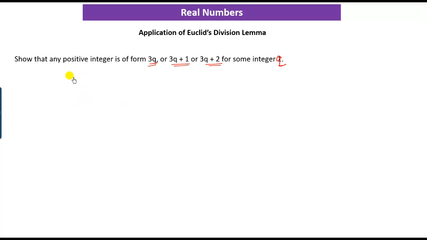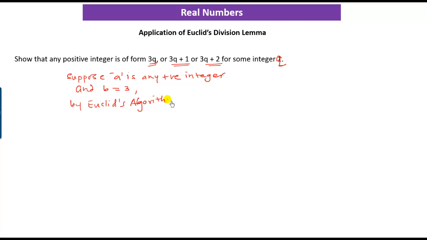Suppose a is any positive integer and b is equal to 3, then by Euclid's algorithm we have a is equal to 3q plus r, where 0 is less than or equal to r is less than 3.